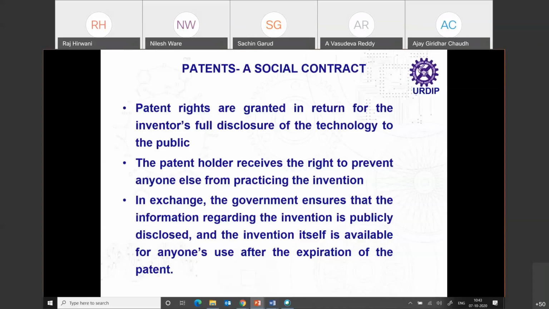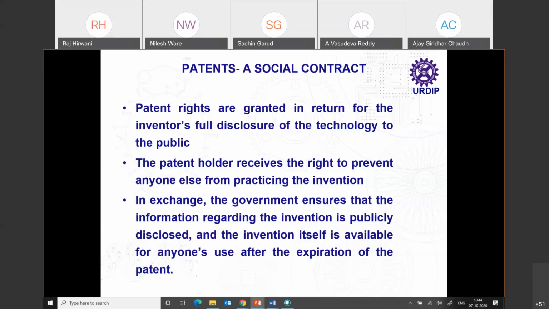Rights are granted in return for the inventor's full disclosure of the technology to the public. You write a specification document describing your full invention. You get the right to prevent others from practicing your invention. In exchange, the government ensures that information regarding the invention is publicly disclosed and is available for anybody's use after the expiration of the patent.